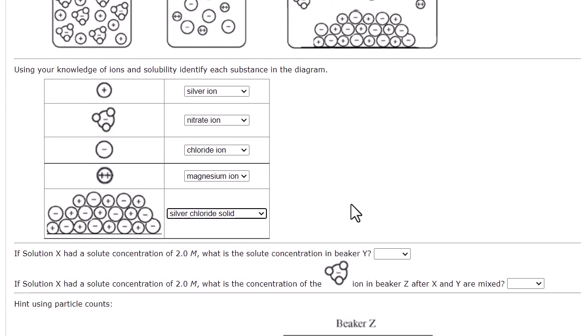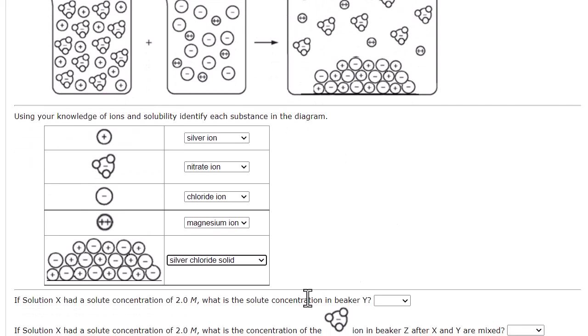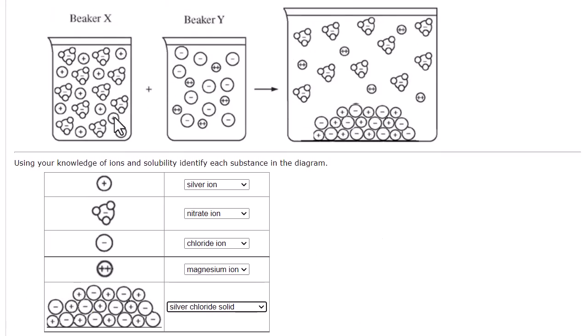There's a few more questions here. If the solution had a solute concentration of 2, that's our beaker X. It has a concentration of 2. What is the concentration of the solute in beaker Y? Well, okay, we've got to do some counting. Let's see.